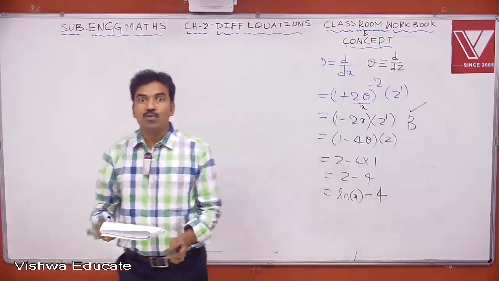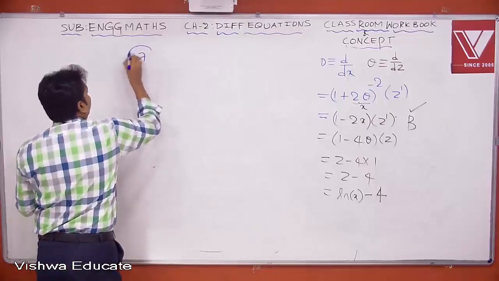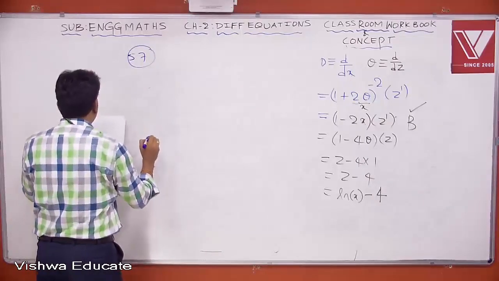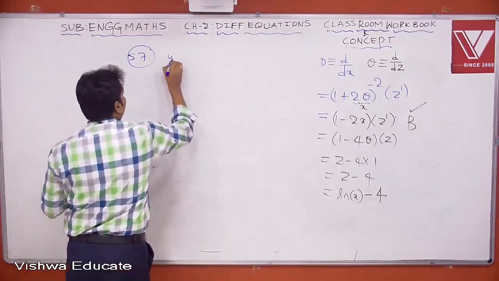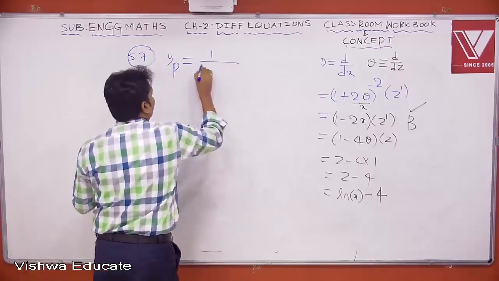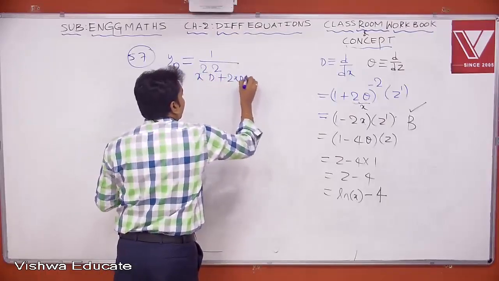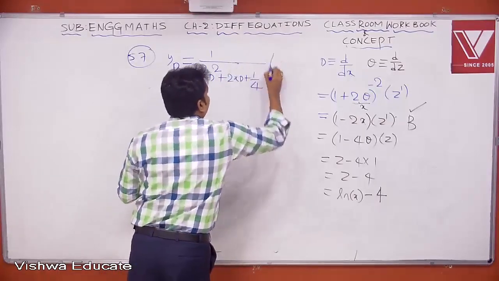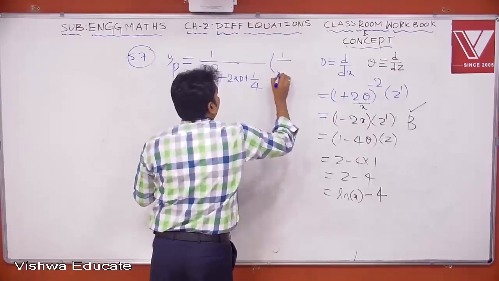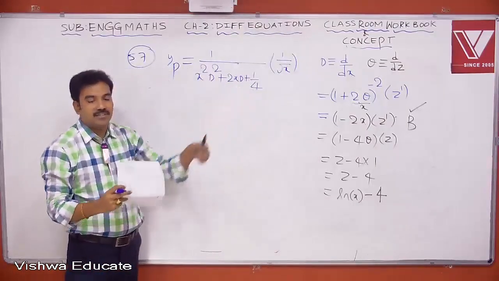Next, let us move to question number 57. This is the particular integral of Cauchy's equation. They were asking for the particular integral. So y_p equals 1 by (x²D² + 2xD + 1/4) of q(x), where q(x) is 1 by square root of x. So we need to find y_p like this.